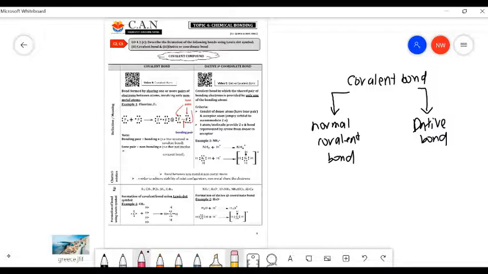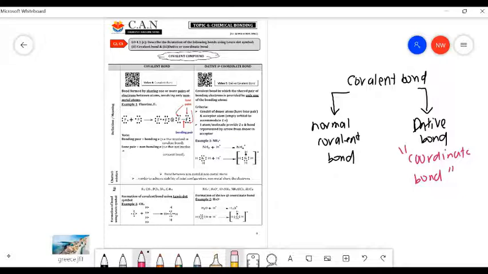Dative bond also known as coordinate bond. So make sure you remember nama lain bagi dative bond adalah coordinate bond. Alright. So sekarang kita tengok dahulu the normal covalent bond.